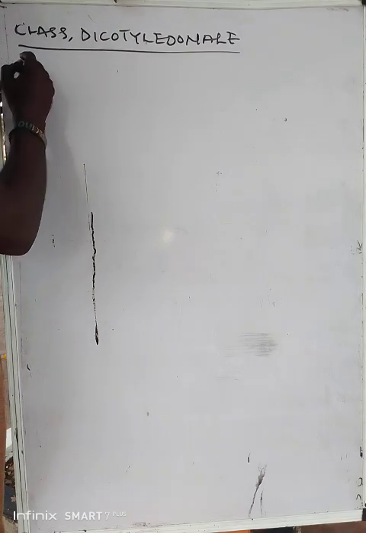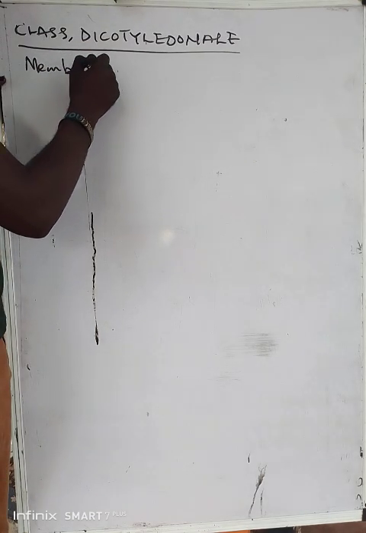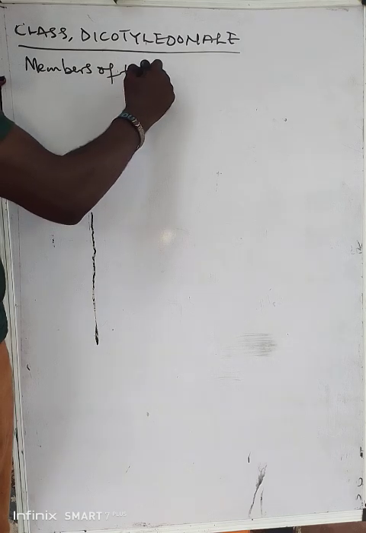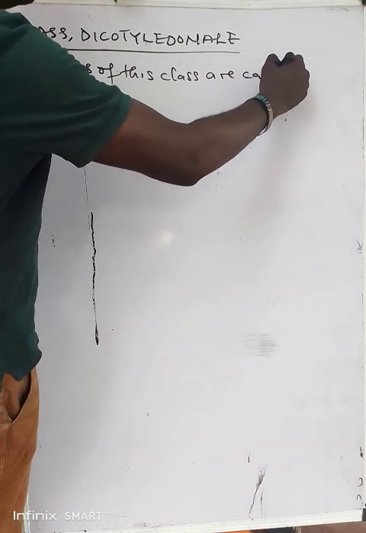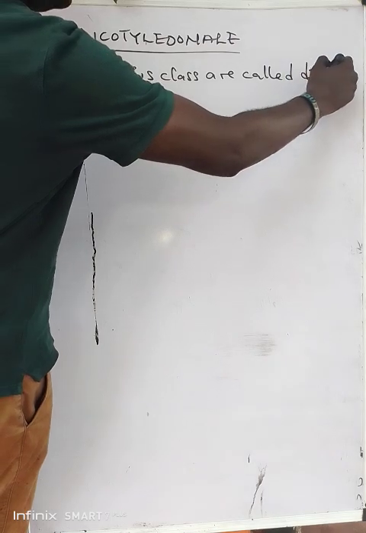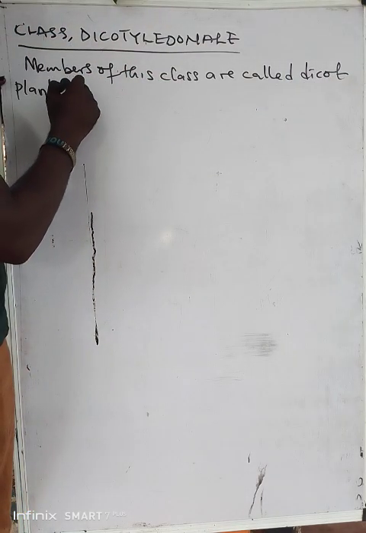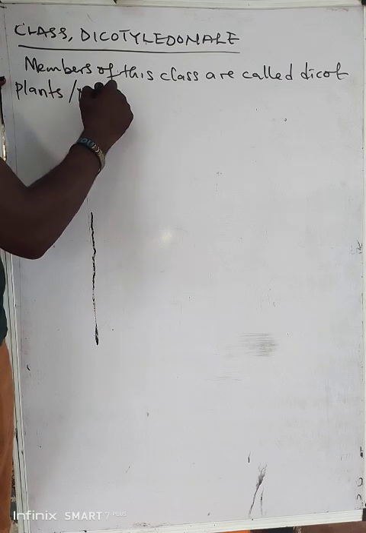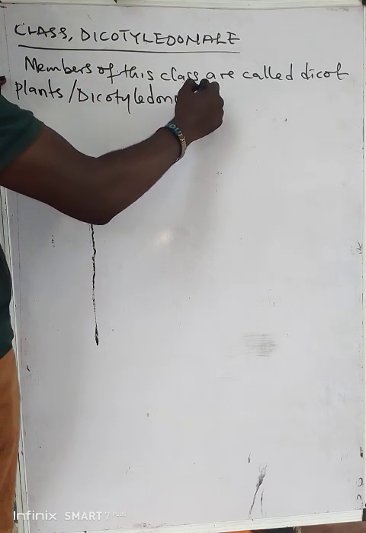Now, let's look at the class Dicotyledonae. So members of this class are called dicot plants or dicotyledonous plants.